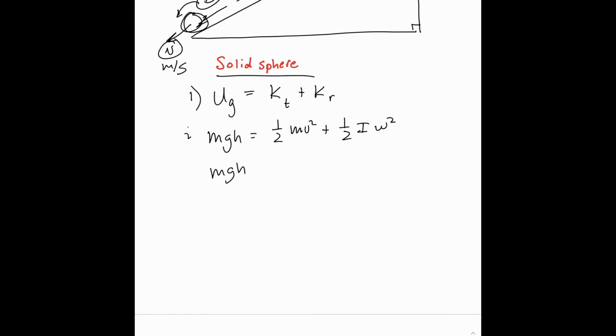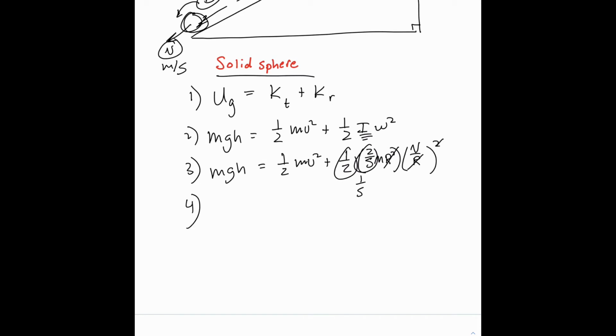Now we know what I is for a solid sphere. I hope you remember that that's 2/5 mr squared. And we can substitute omega with v over r. r gets squared and cancels. 1/2 and 2/5 gives us 1/5.